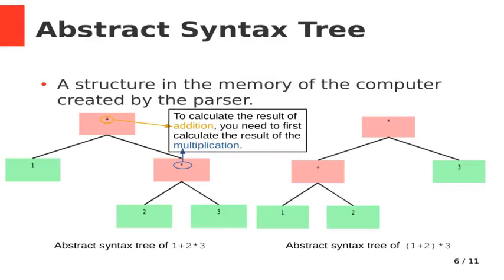Abstract syntax tree, or AST for short, is a common term in computer science, especially compiler theory. That's a structure in the memory of the computer created by the parser.